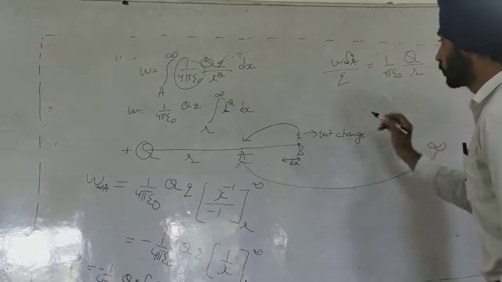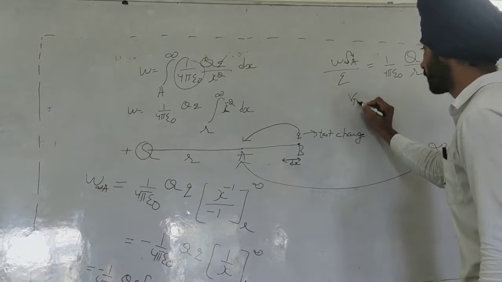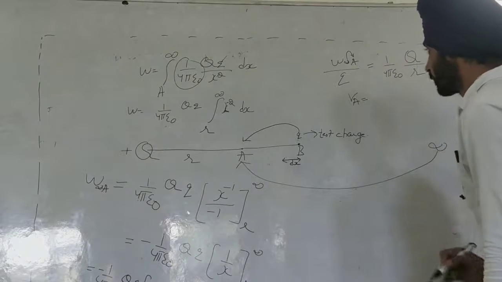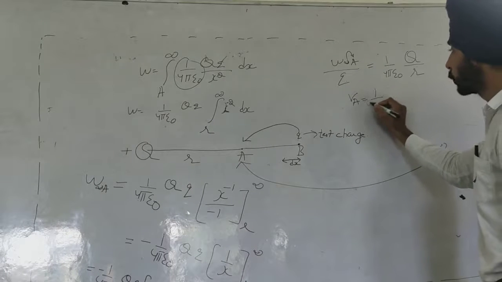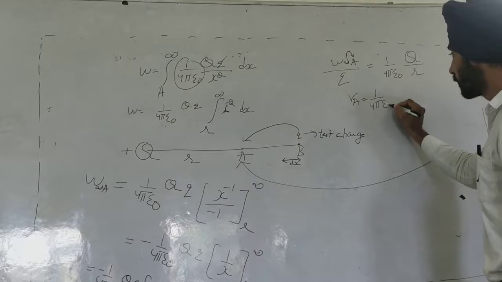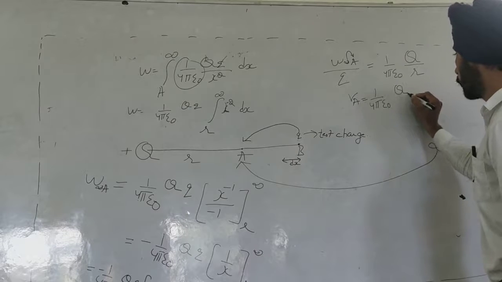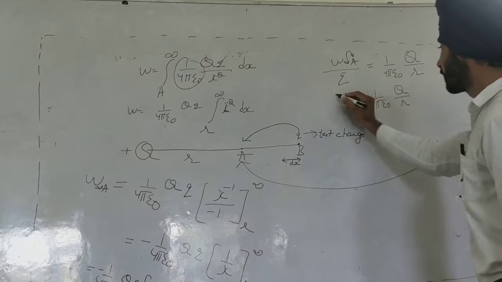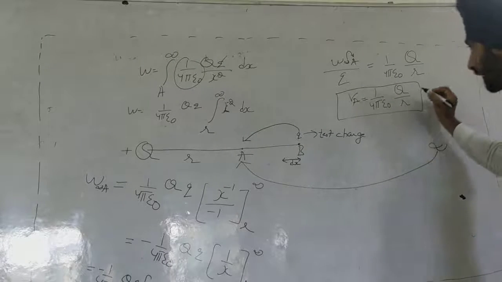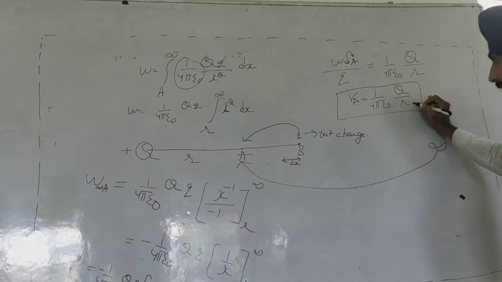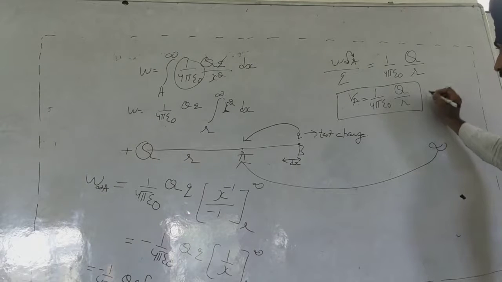This work done is known as potential at a. Work done in order to carry charge, that is potential at a, will be equal to 1 upon 4 pi epsilon naught q upon r. So this is the expression for electric potential at a point A, which is at a distance r from this source charge q. This is important.